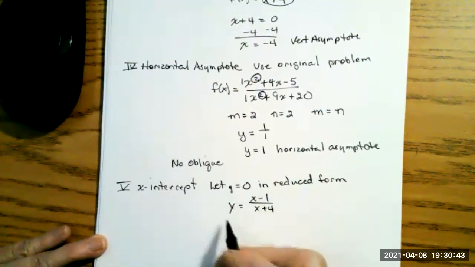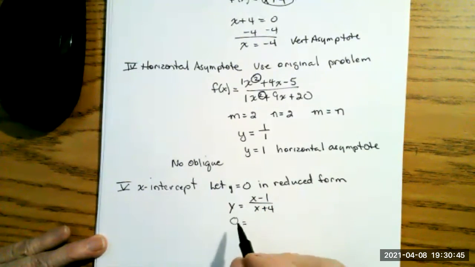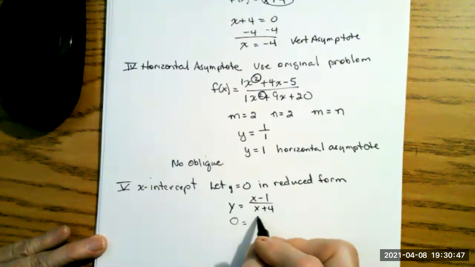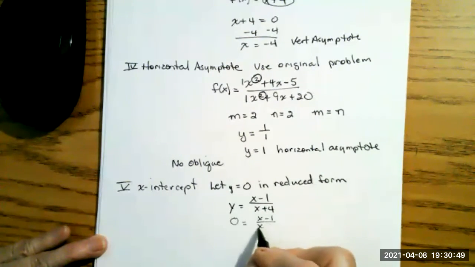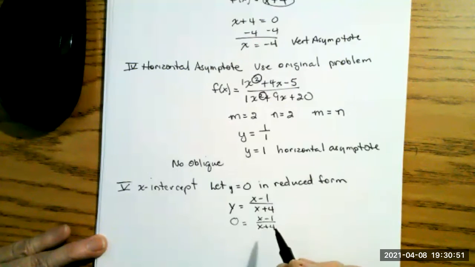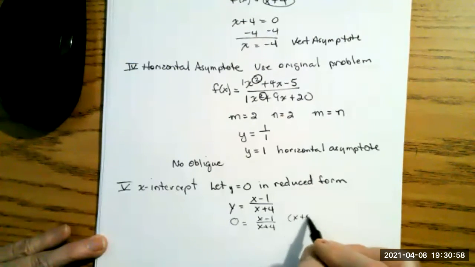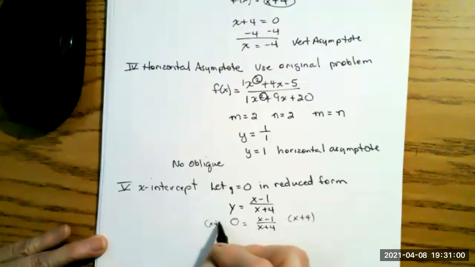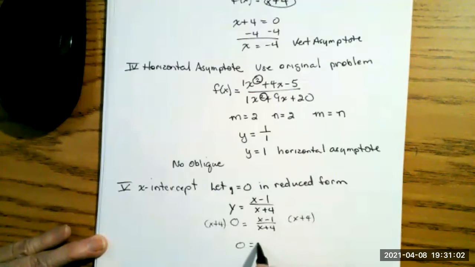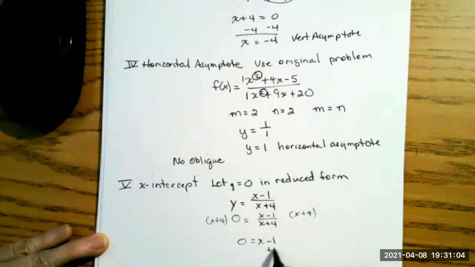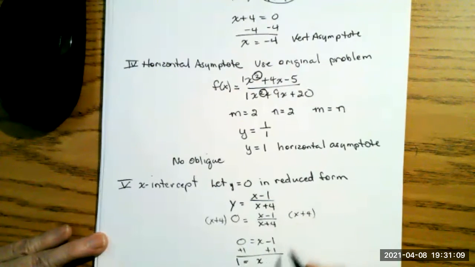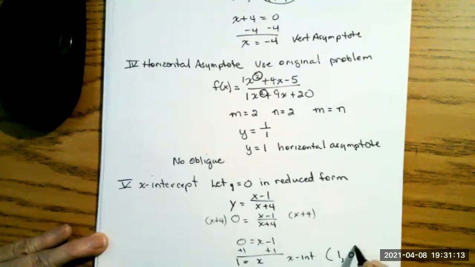I'm going to put the 0 in for y, and I get 0 equals x minus 1 over x plus 4. And multiply by x plus 4 on both sides. 0 equals x minus 1. So x equals 1 is the x-intercept, that point would be 1, 0.